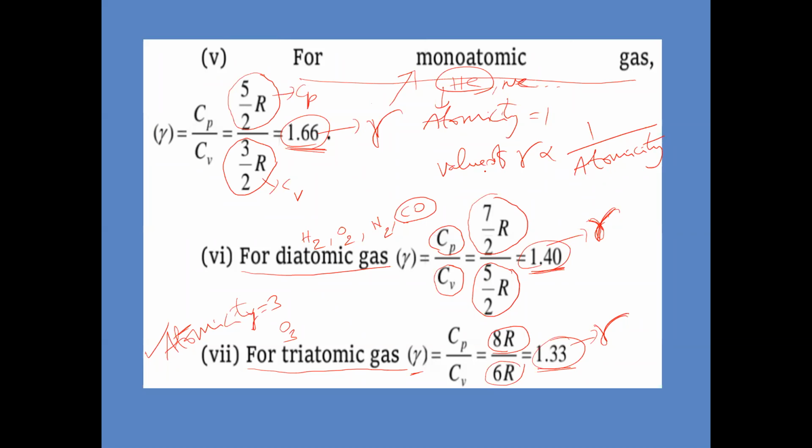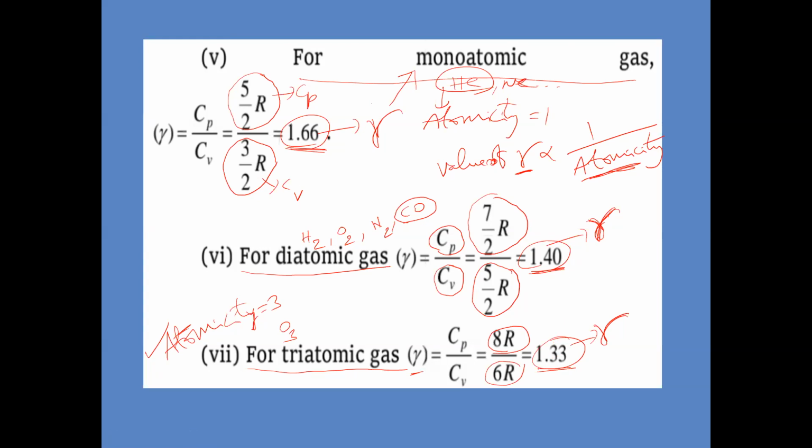Atomicity of gas and gamma are inversely proportional to each other. As atomicity increases, gamma value decreases. So 1.66 for monoatomic gases, 1.4 for diatomic gases, 1.33 for triatomic gases. Take the screenshot of this one.